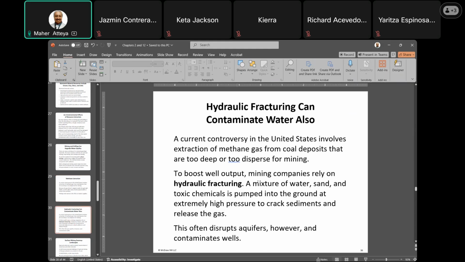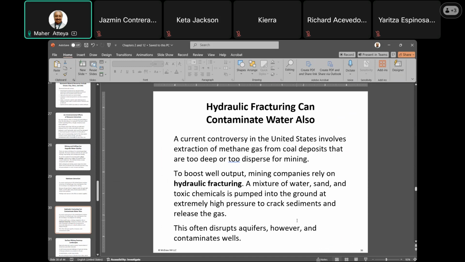So to boost well output, mining companies rely on hydraulic fracturing. Hydraulic fracturing here is a mixture of, that's what I say. They use sand, they use soil, they use tar, they use toxic chemicals pumped into the ground at extremely high pressure to crack those coal deposits to release the gas.